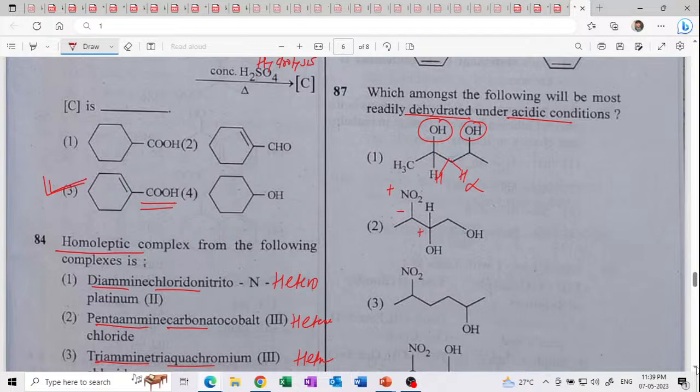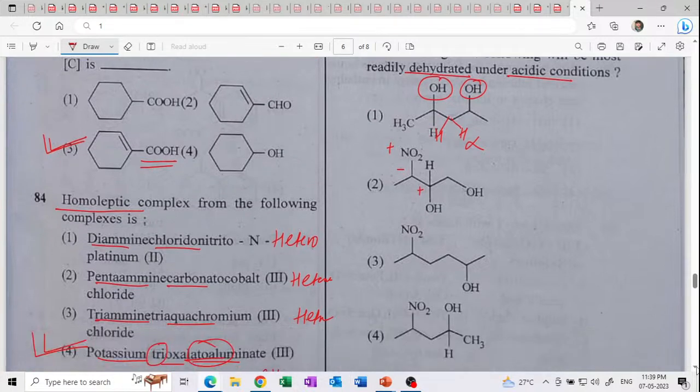Get it? And then this is nitro as a plus, this is minus, this is plus, this is minus. Yes, this is best. The third option is correct. Get it? This is so simple a question. I think this is a very easy question.